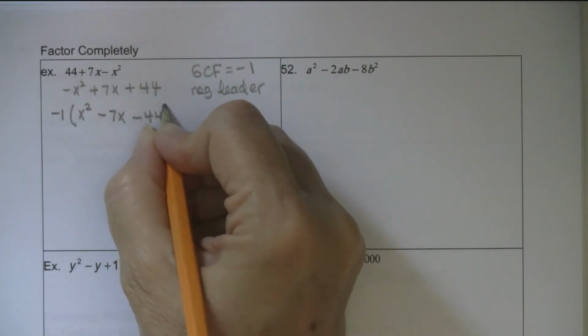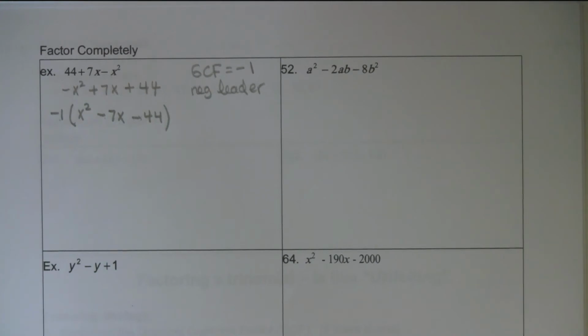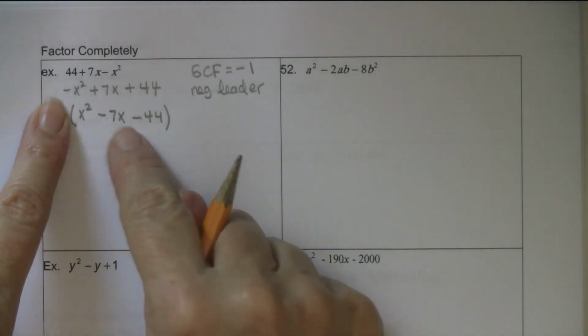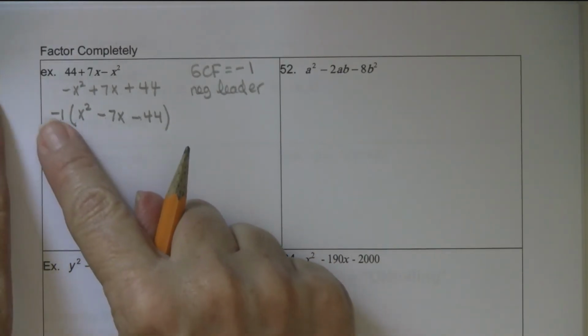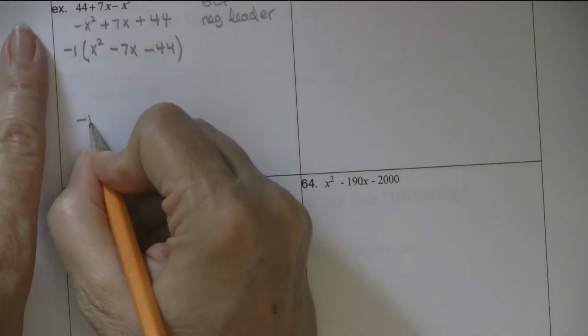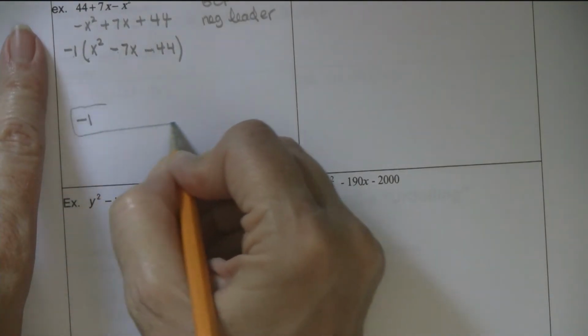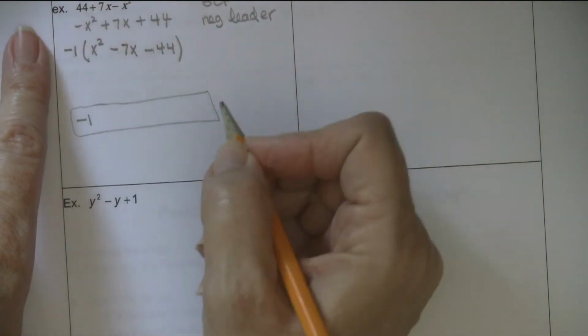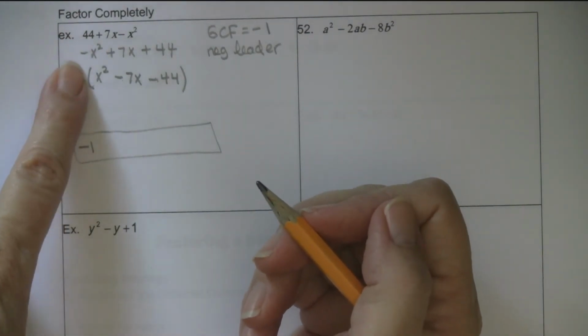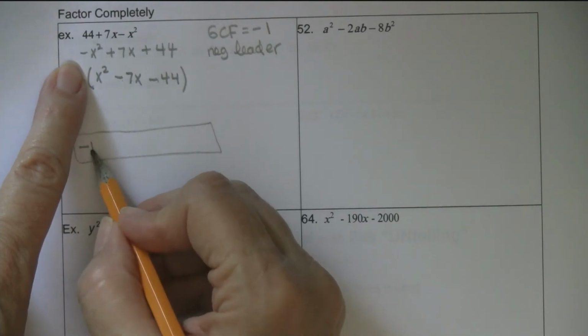So we just factored out the negative leader. And now I'm going to ignore it while I factor this trinomial. That is just the greatest common factor, and it just comes along for the ride. I'm going to put it right here, negative 1, and that's going to be in my final answer box. But I'm going to ignore it. I haven't lost it. I put it in the final answer box.